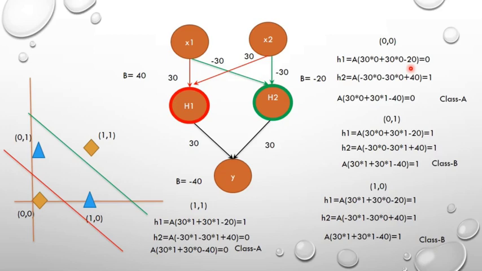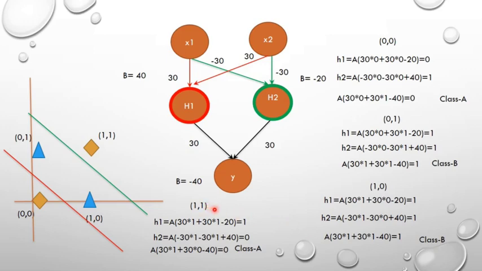So let's consider the first one, input 0 0. Now this neuron H1 classifies this 0 0 into 0. The actual answer is also 0, so yes, classification is correct. Second one, H1 classifies it to 1, actual is also 1, so this one is also correct. Next, 1 0, H1 classifies it to 1 and actual is also 1, so this is also correct.